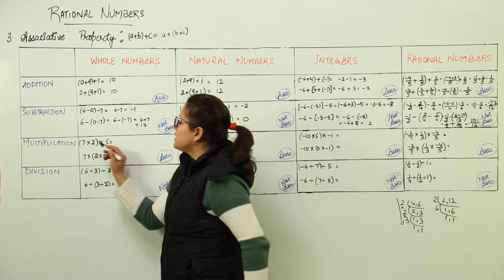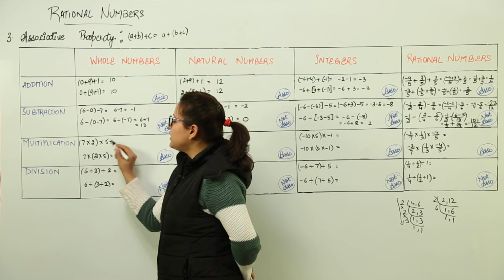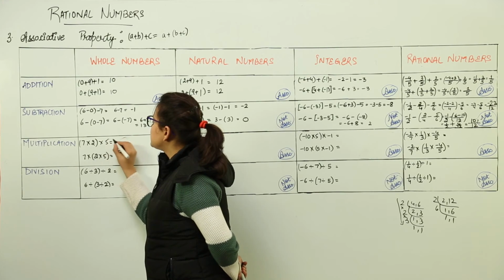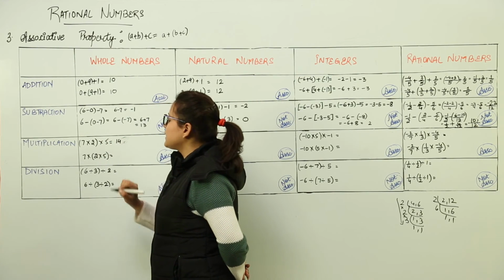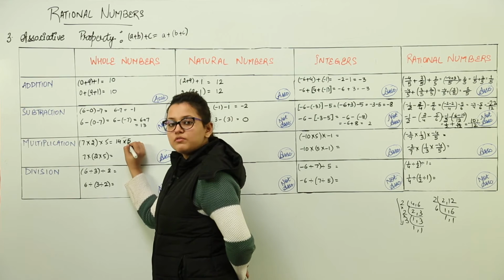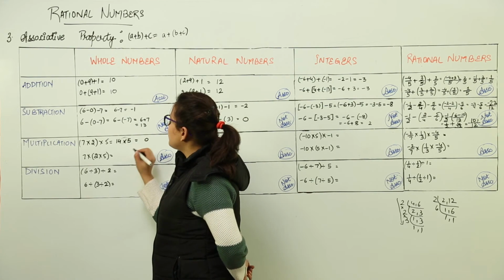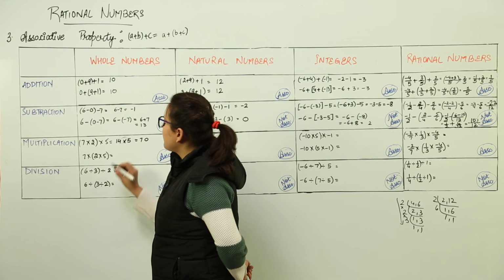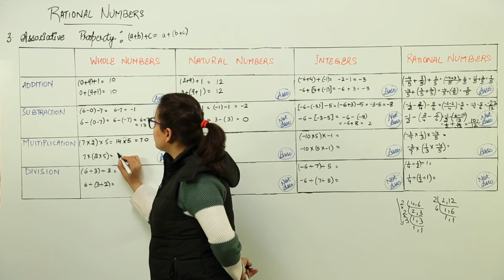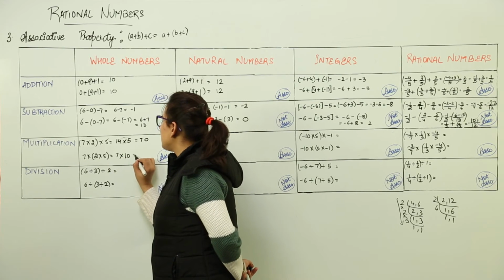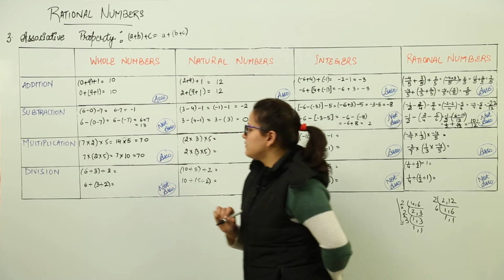Similarly, for the multiplication part, 7 into 2, 14. Okay, let's do it step by step. 7 into 14. First solve the bracket, then multiply it with 5. What is 14 5s are? 14 5s is 70. What is 7 into 2 into 5? 7 multiplied with 2 5s are 10. You get 70.